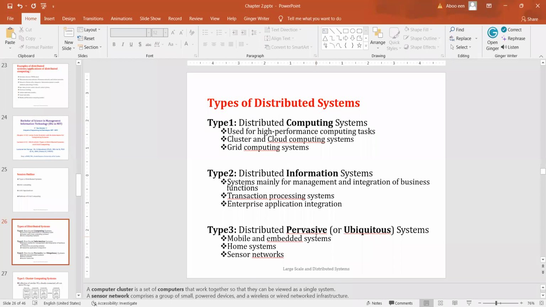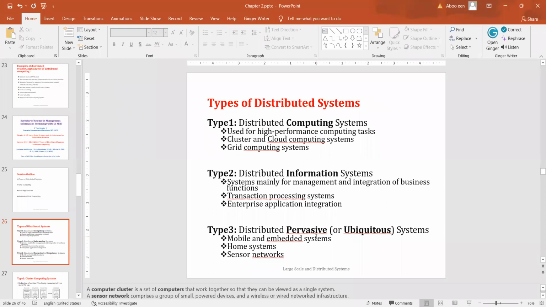Basically it's for special requirements, like performing huge amounts of calculations or computations, forecasting, some kind of predictions, analysis, modeling. These are special kinds of requirements.